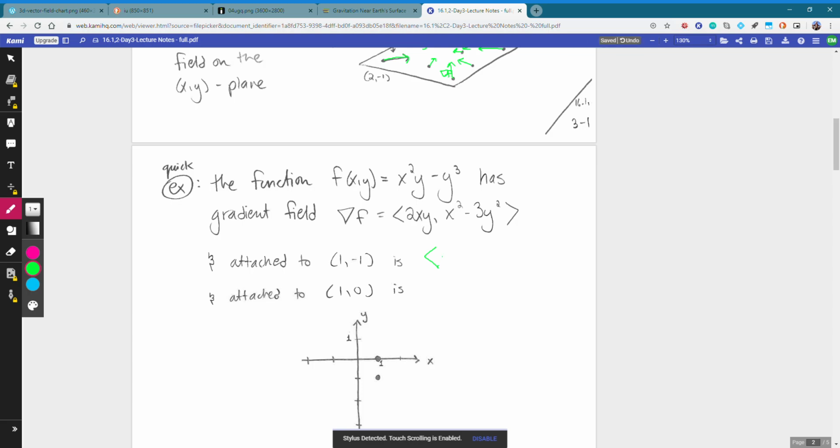So -2 to start, and then 1 squared minus, so (-1) squared is 1, so 1 minus 3 is also -2. And so if we come down here, attached to our point at (1, -1) would be the vector (-2, -2), right? So it would go -2 in the x and -2 in the y, and so it would look like this.